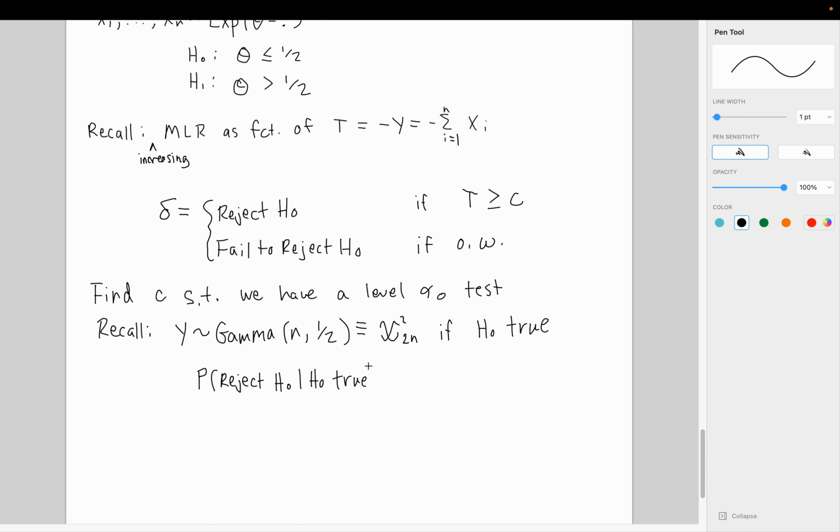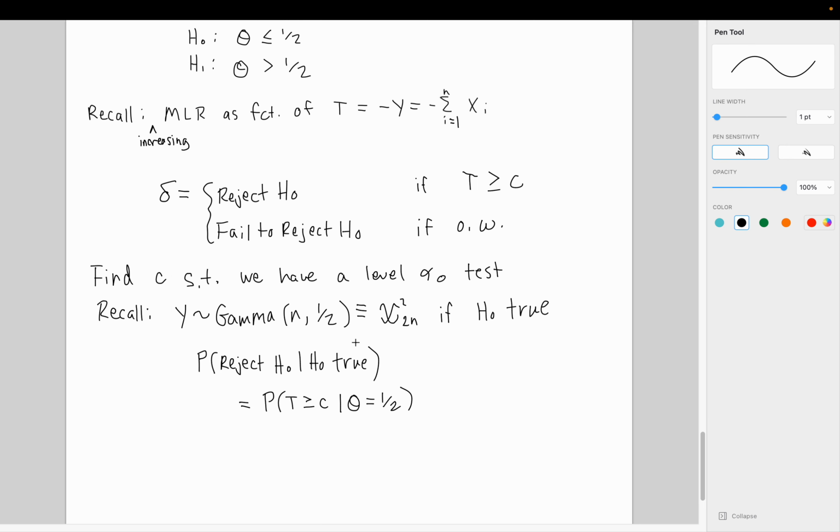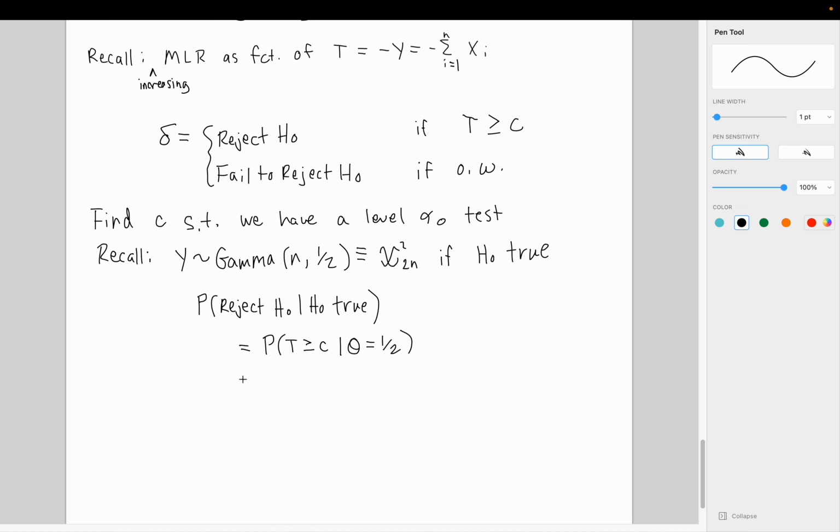We want this to be equal to alpha, but we know that this probability is the probability that t is greater than c when theta is equal to 1/2, so theta naught is true, which is equal to the probability of negative y greater than or equal to c, theta equals 1/2, which is equal to the probability that y is less than or equal to negative c, theta equals 1/2.